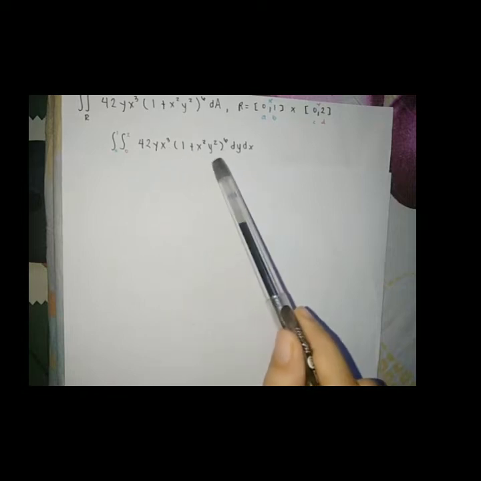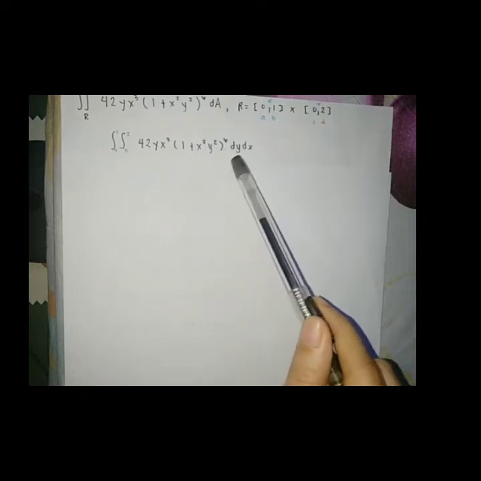So here it will become the integral from 0 to 1 and the integral from 0 to 2 of 42yx cubed quantity 1 plus x squared y squared raised to 6 dy dx. So here I use u substitution. I let u as 1 plus x squared y squared, then my du is 2x squared y dy, since 1 is constant.